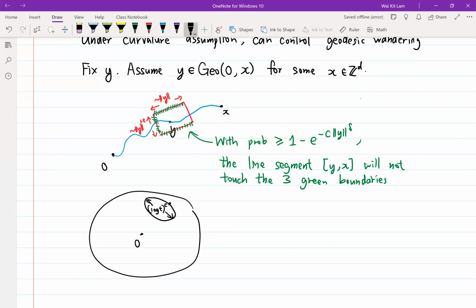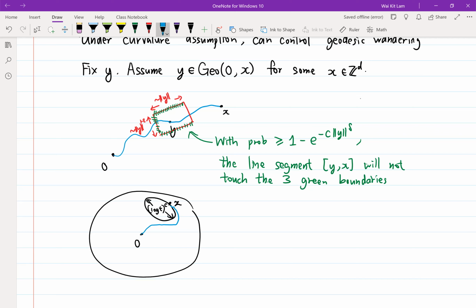Then if you look at the point here, say z, and there's a hole here, and you want to reach from 0 to z, then no matter which path you take, you have to travel in this way.